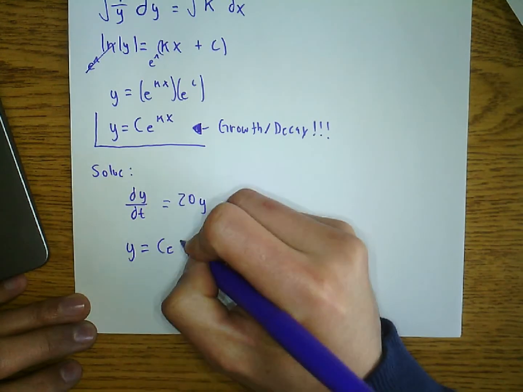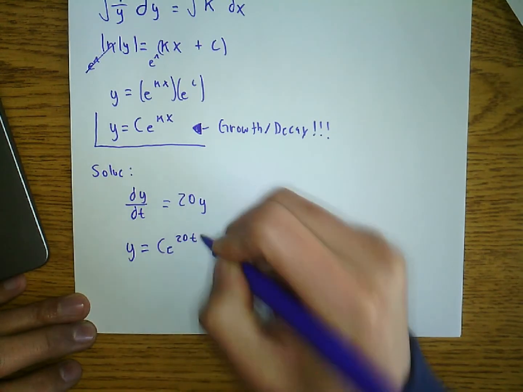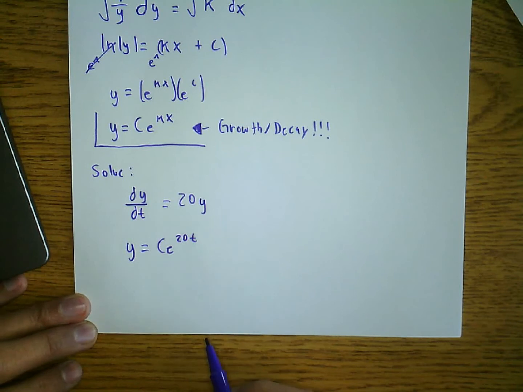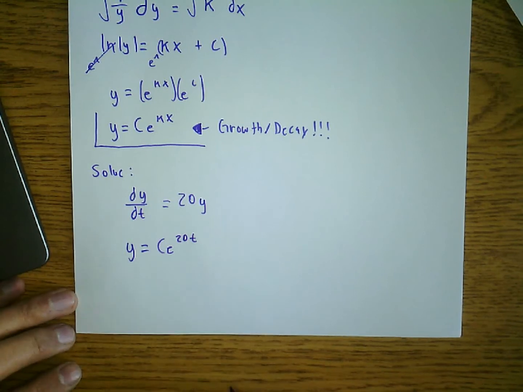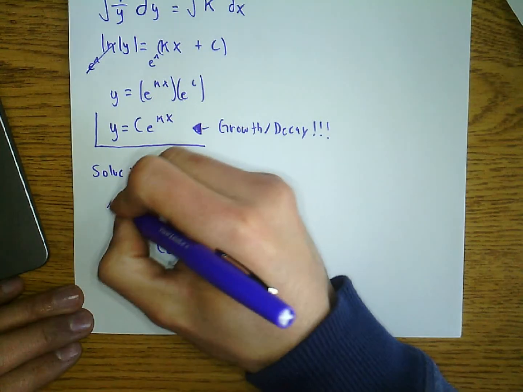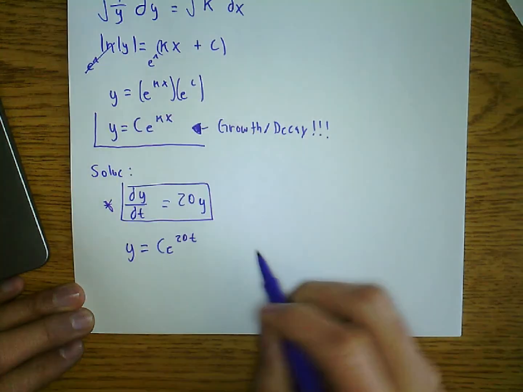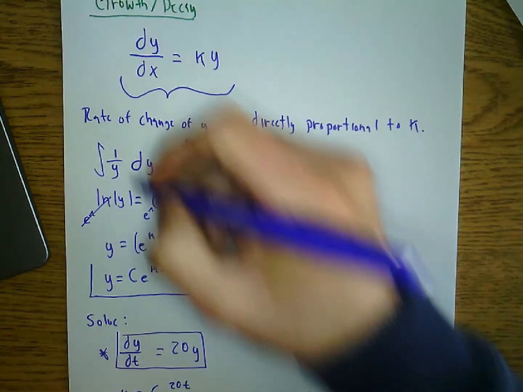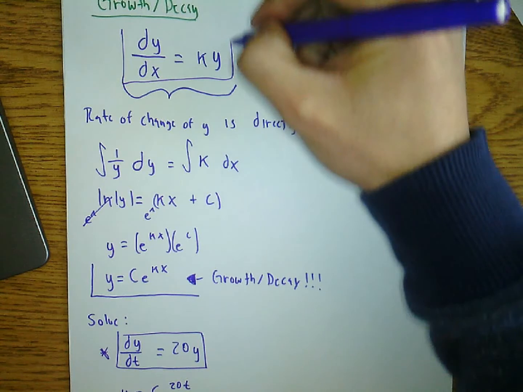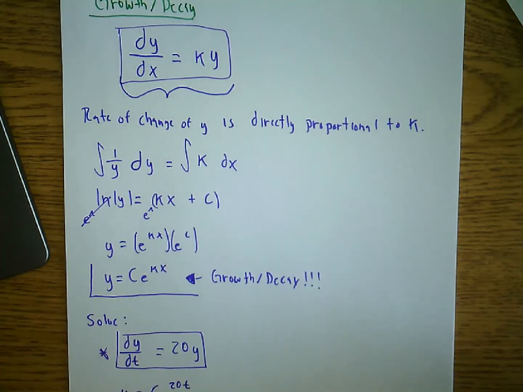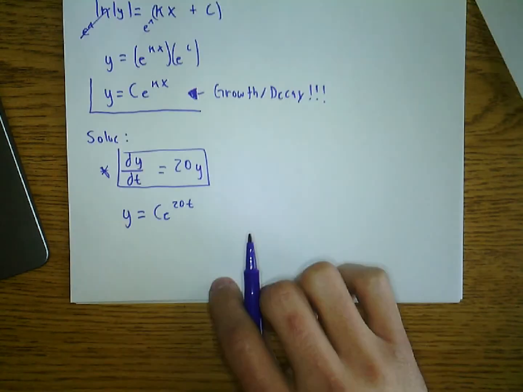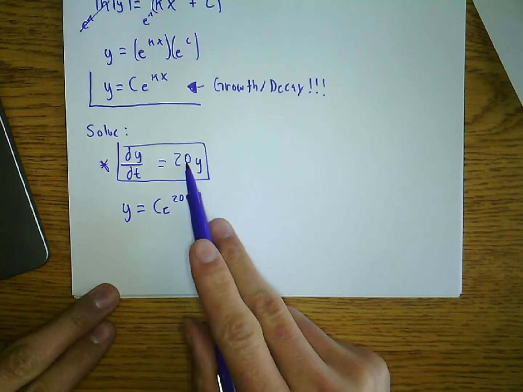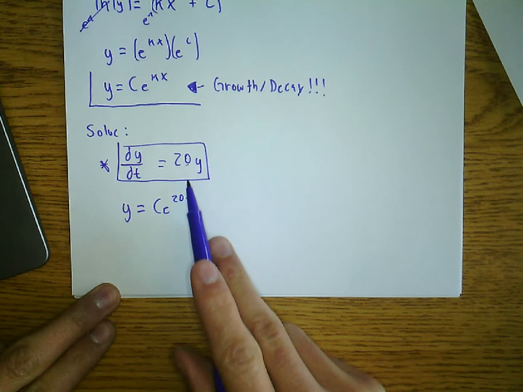So what I'm trying to say, guys, is any differential equation that has this form right here, you should be able to recognize and say, oh, wait a second, that's growth and decay, which means I can automatically go to growth and decay. The number here is k, and if we have a 20 here, then there has to be a 20 there. Cool. If there was a -5 here, then that has to be a -5 there.